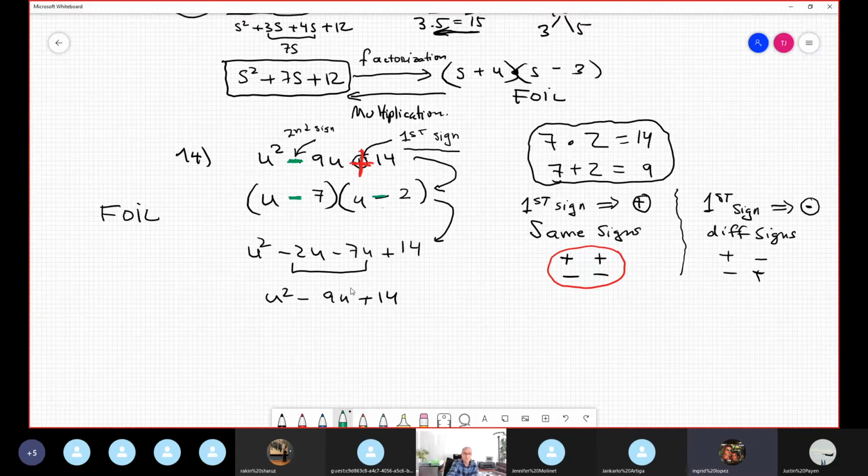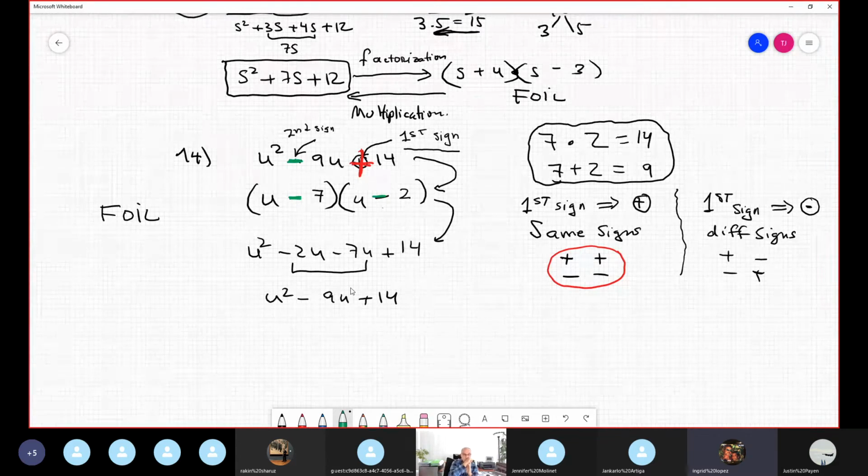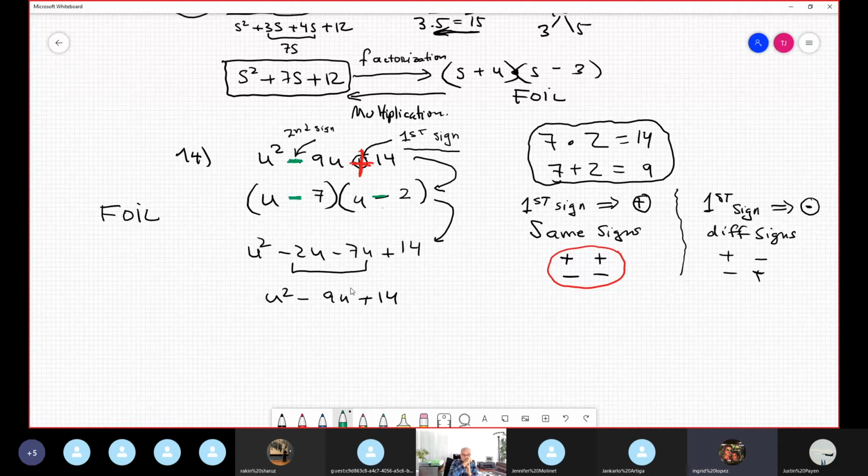Come on, your question. So when you said the negative 9 is the second sign, is it because the 9 is lower than the 14? Say again, the 9 is what? Is the number 9 lower than 14? No. In the trinomial we have two signs, the first and the second.